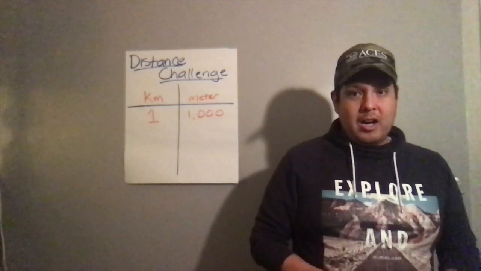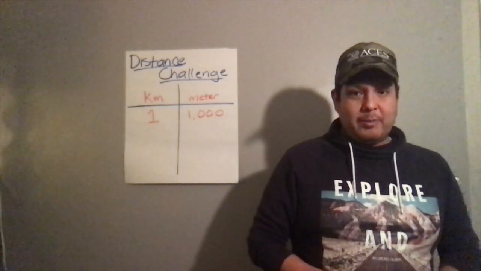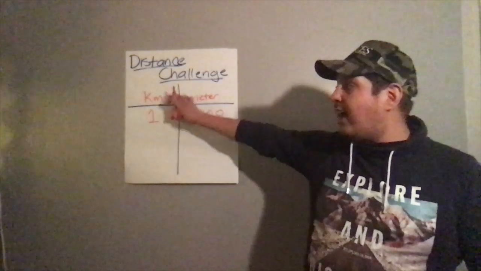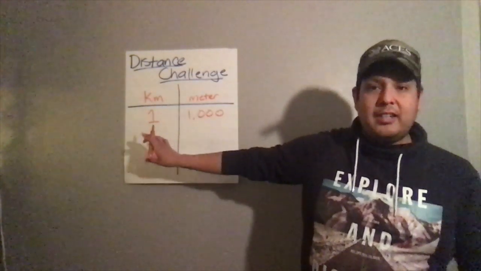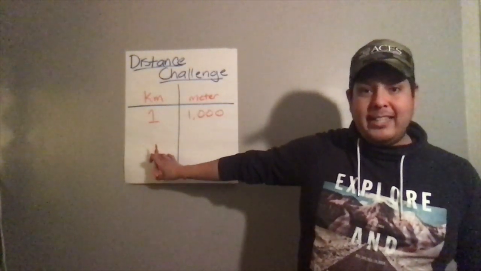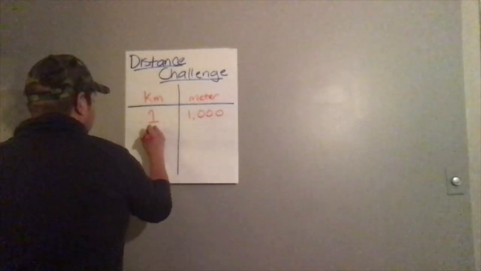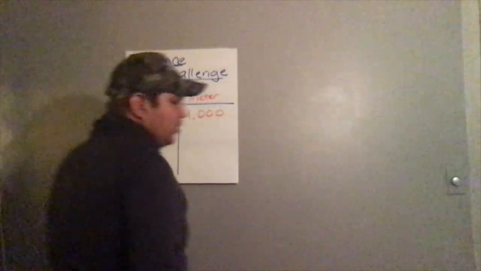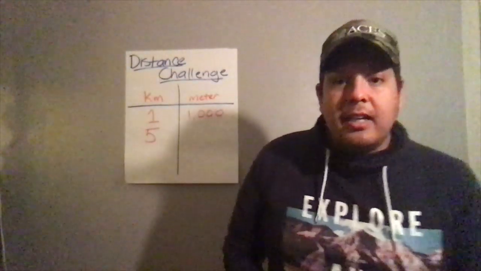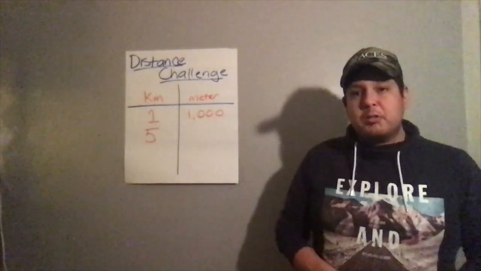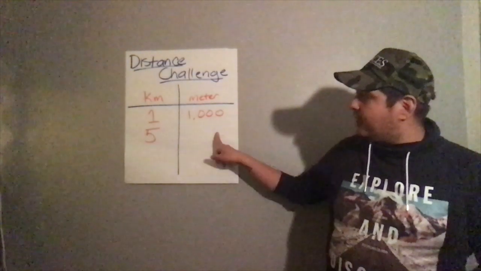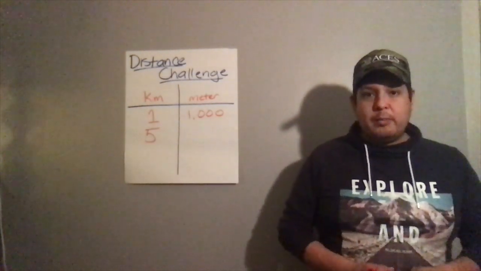So, on your ratio table, I want you to figure out, for the Girls on the Run race, if the Girls on the Run ran 5 kilometers or a 5K, how many meters was that? I want you to go ahead and punch that number into your ratio table in your notebook.